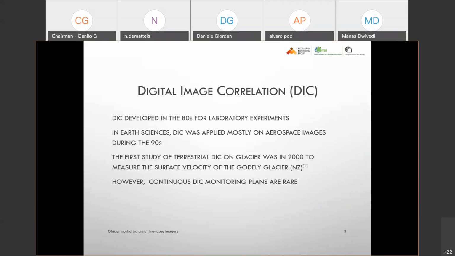It is a technique that was developed in the 80s for laboratory experiments, and since the beginning of this century it has come to be used also for terrestrial monitoring of glaciers. However, it is not much used, and continuous monitoring is rare, except for the Planpincieux glacier where we are working.